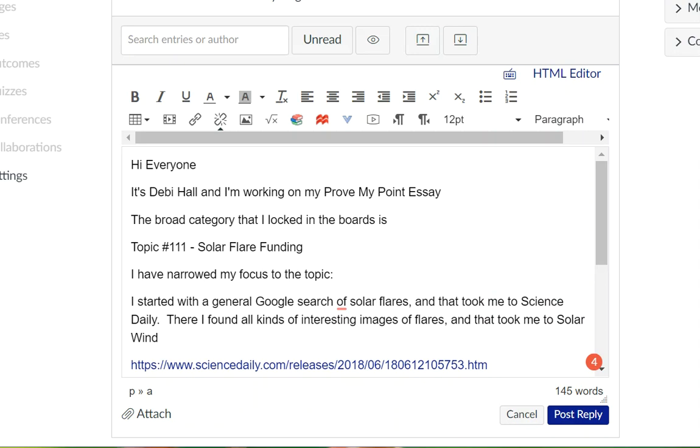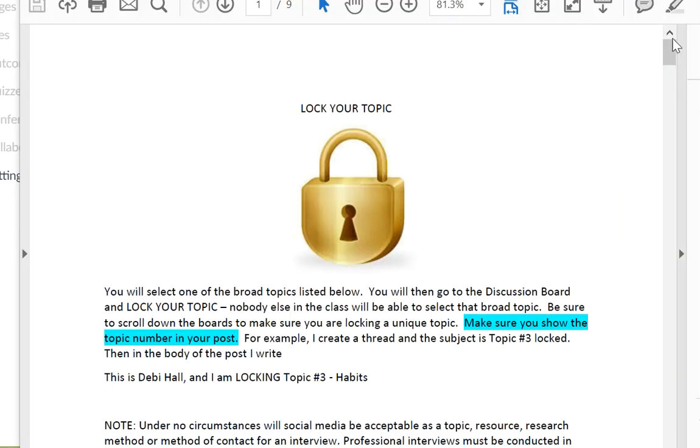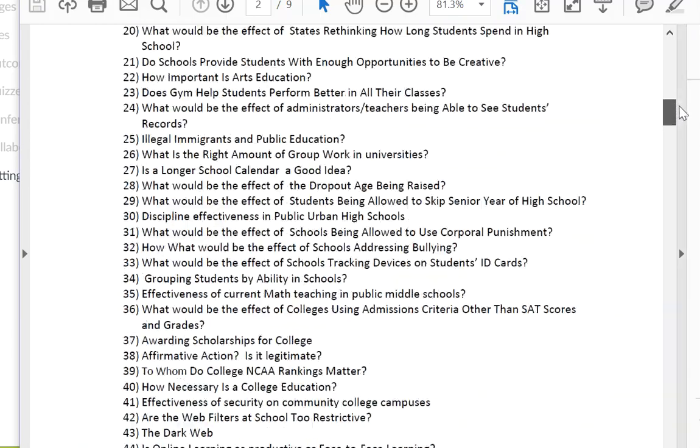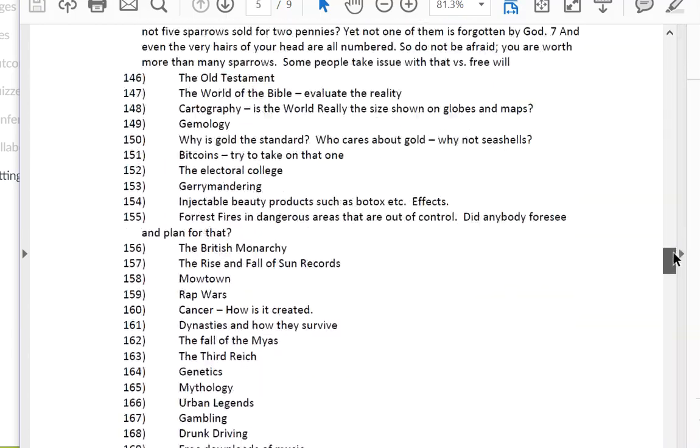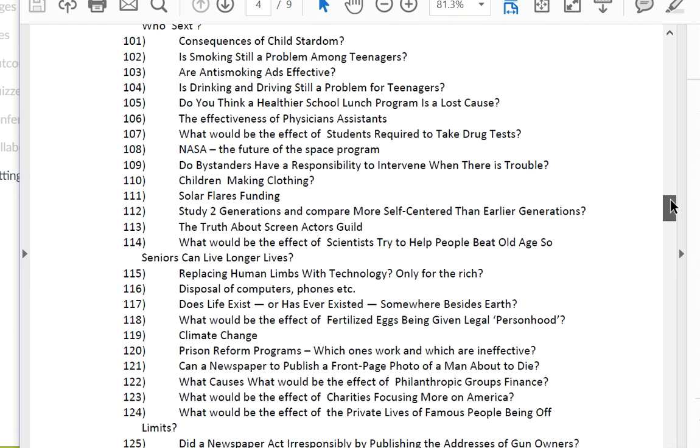Remember, that topic came from that Lock My Topic handout that looks like this. Remember this? Lock your topic, and there's the 300 topics to pick from. And so I'm telling my fellow students that I chose topic number 111, solar flares funding.